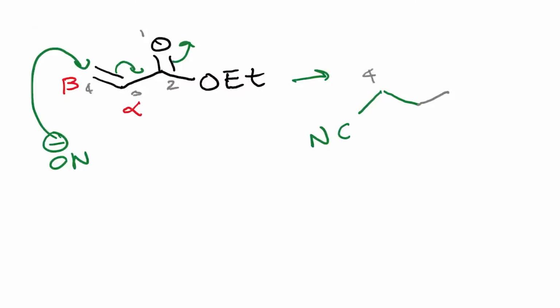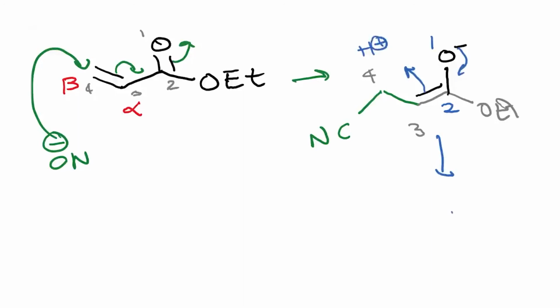So this is carbon 4, 3, this is 2, and this is 1. Now here is your OEt, O minus, and that's the enolate. This is going to be your intermediate, which then picks up a proton to give you OEt, CN. Okay, so this is possible.